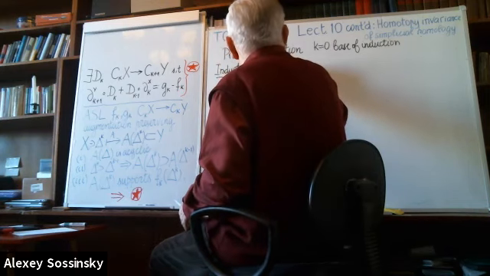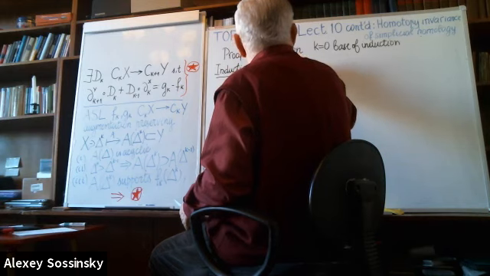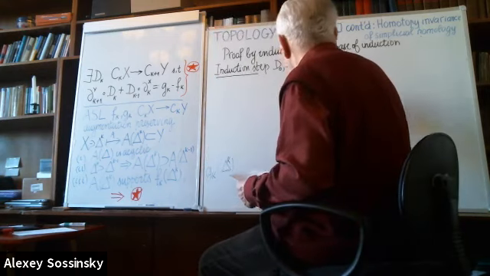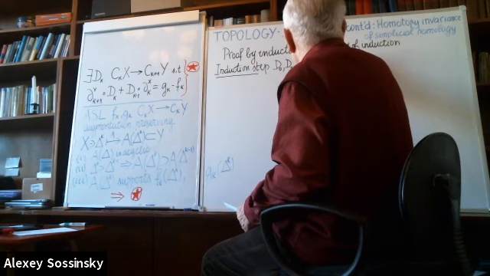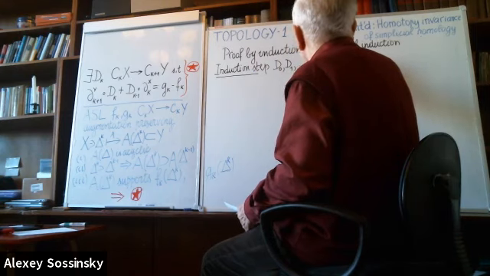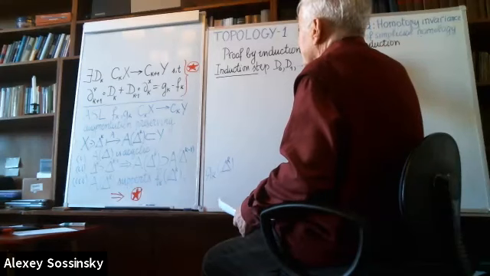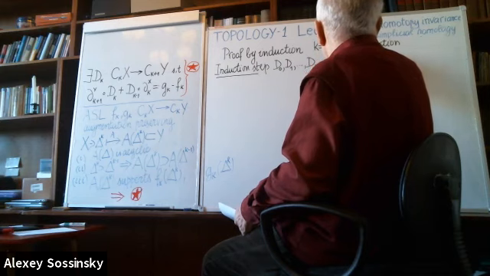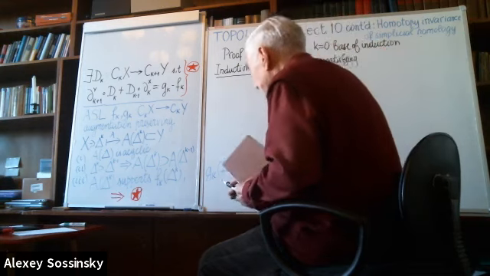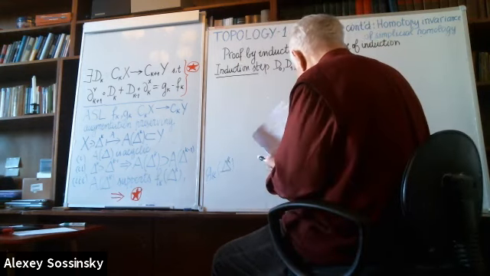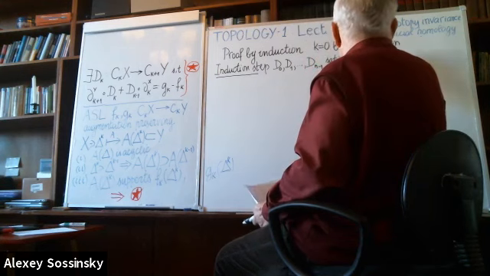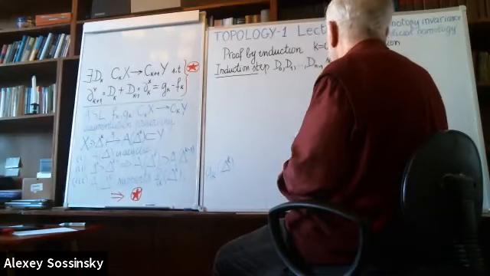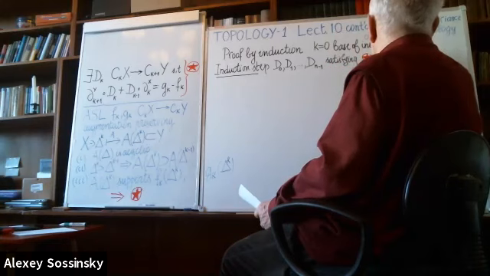Supposing we have already constructed D0, D1, and so on, D n minus 1, satisfying this condition.